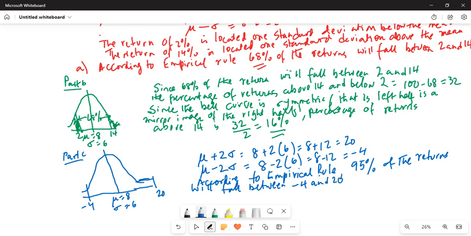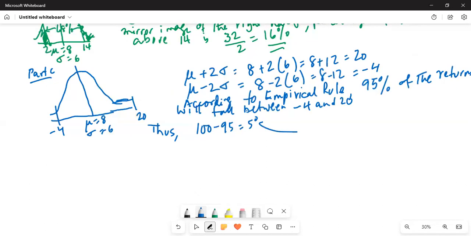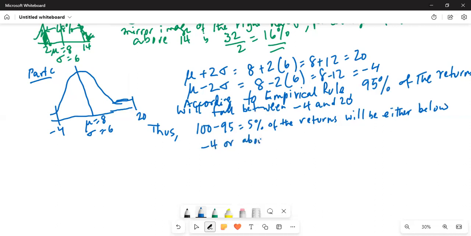Again, if I move this a little bit up, 100 minus 95 is equal to 5% of the returns will be either below minus 4 or above 20, because of symmetry in the bell-shaped curve.